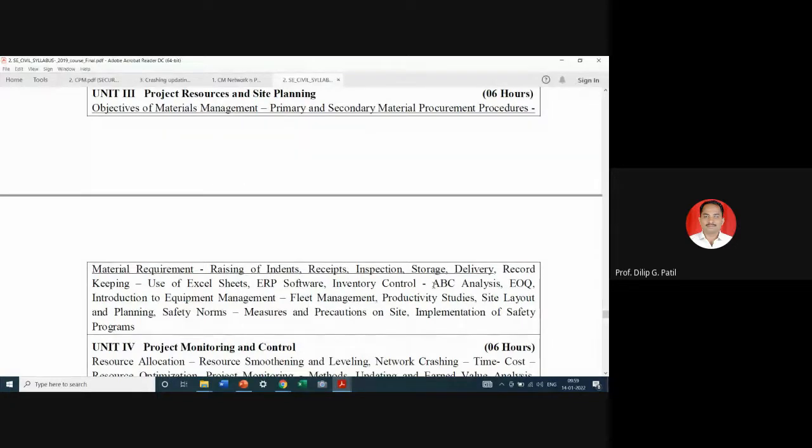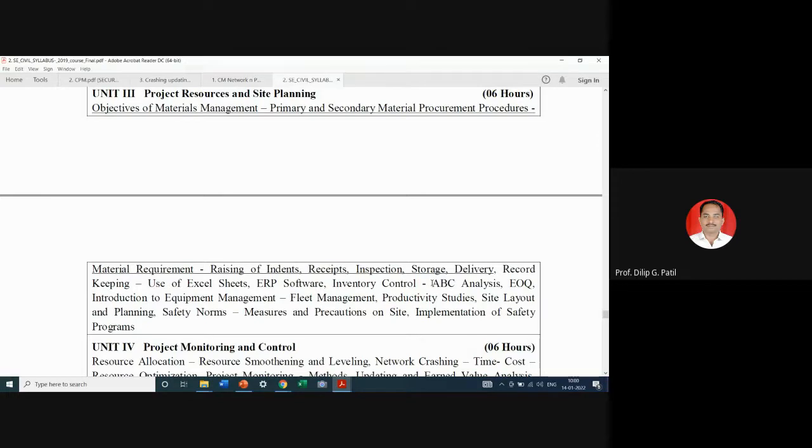These are classified as, or the types are, ABC analysis, always better control, we can say. Sorry. Materials are classified into ABC classes based on their unit price.